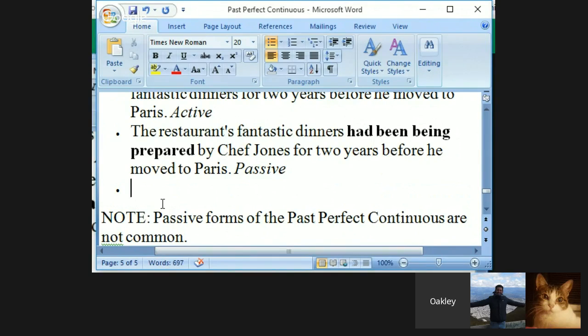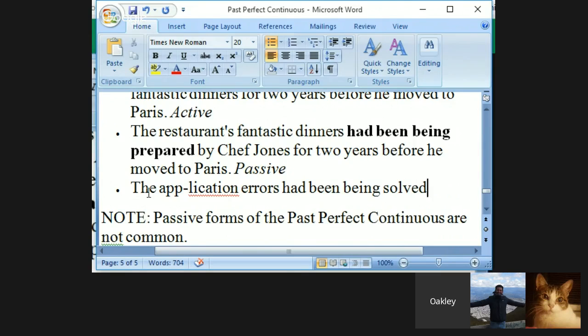Okay. I can say, the application errors had been solving, had been being, had been solved. Again, we're going for the passive here.